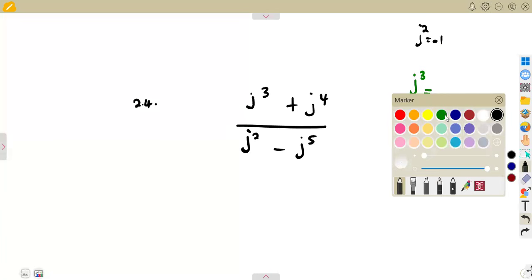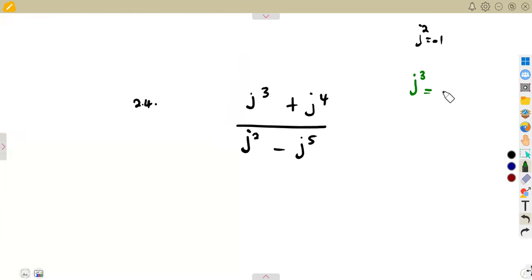All right. How can we express j to the exponent of 3? This is the same as j squared times j to the exponent of 1, since 2 plus 1 is 3. Where j squared is minus 1, so we've got minus 1 times j, which is minus j. That is j to the exponent of 3.